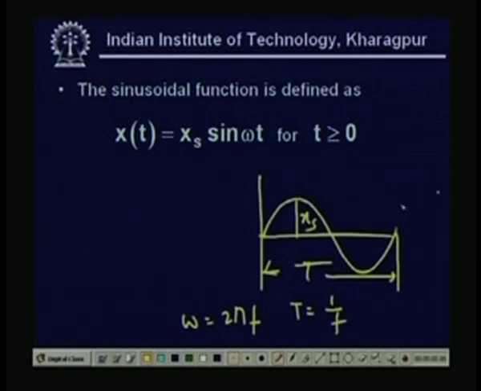This is the x s value, and on the other side it is also x s. This holds for t greater than or equal to 0, and for t less than 0 it is 0. So, this is our sinusoidal input.